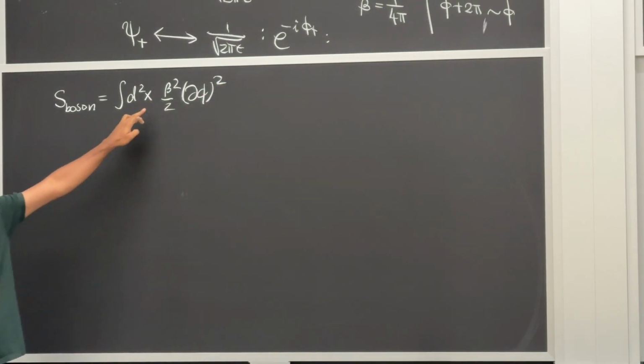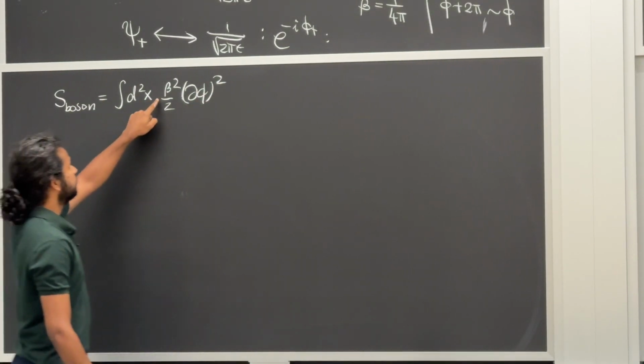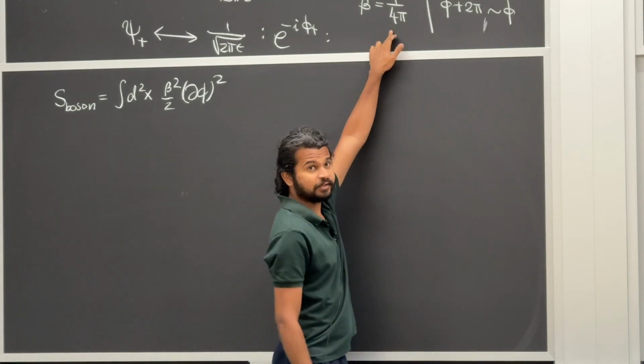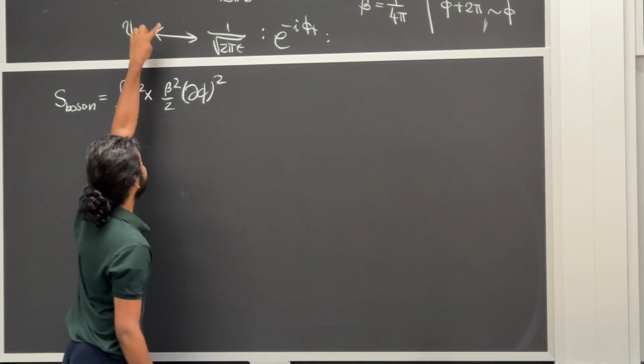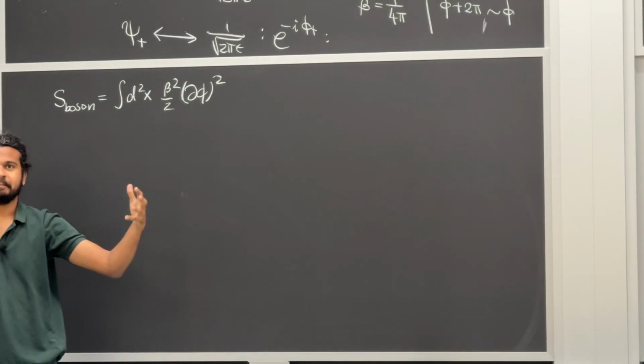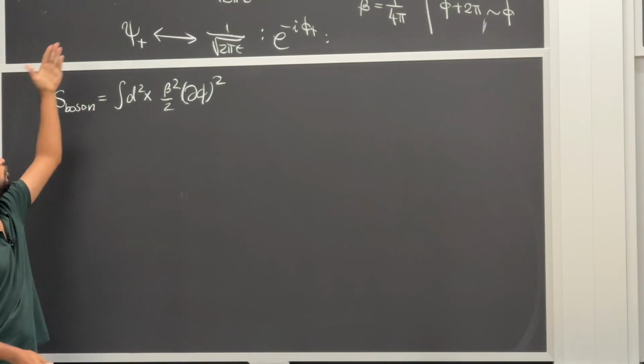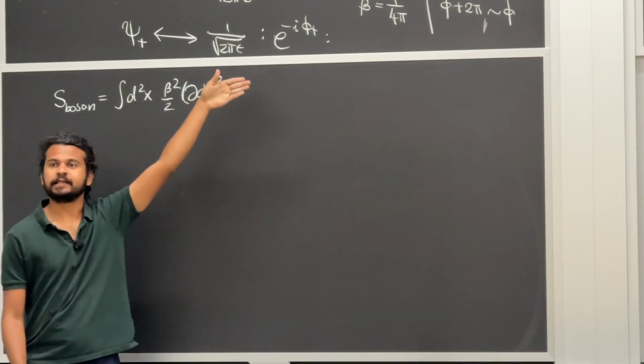Beta we call the radius of the boson. So if the beta has this particular value, then by making this identification, we can map correlation functions of one theory to the other theory, and they match exactly.